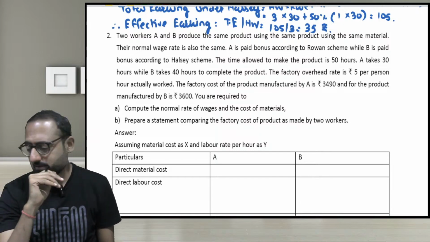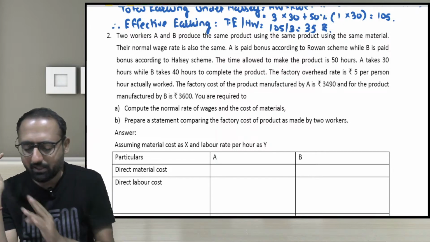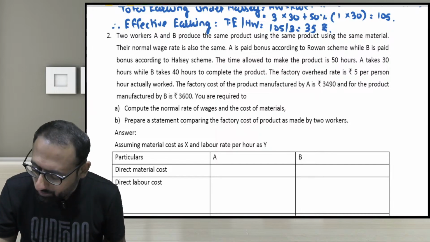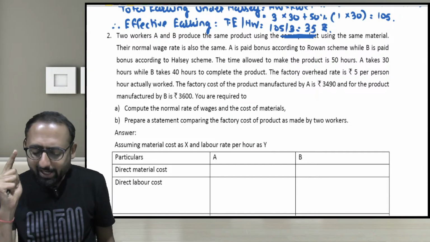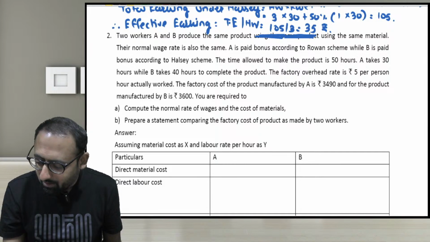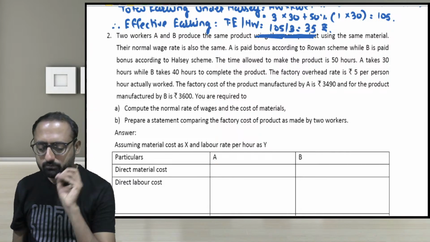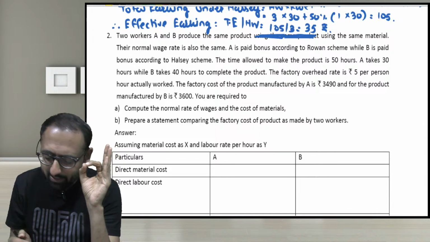2 workers, A and B, produce the same product using the same material. Their normal wage rate is also the same. So what is the same, guys?